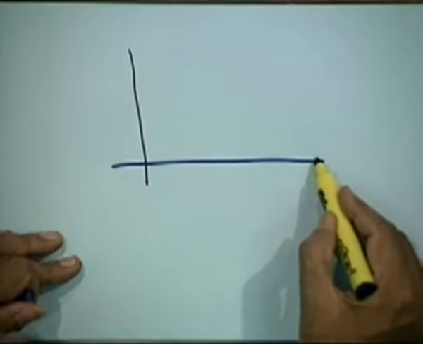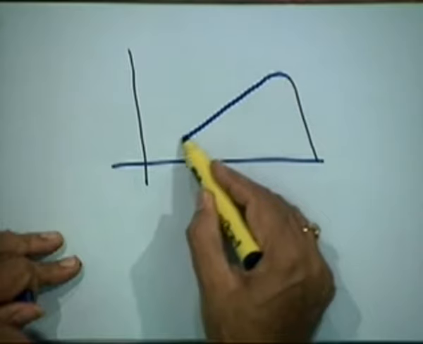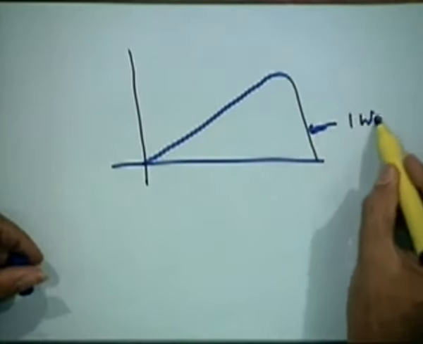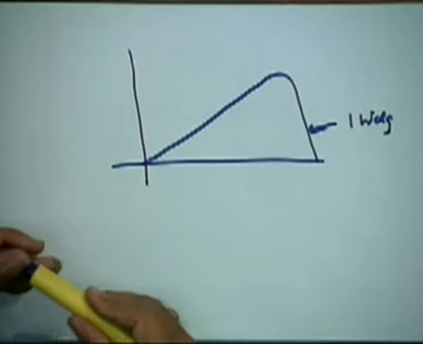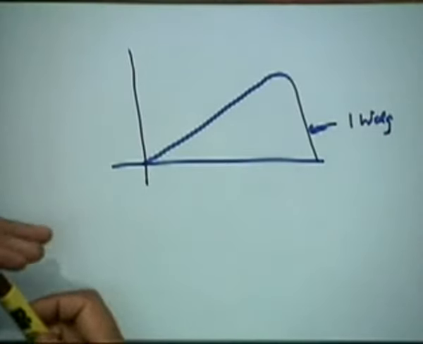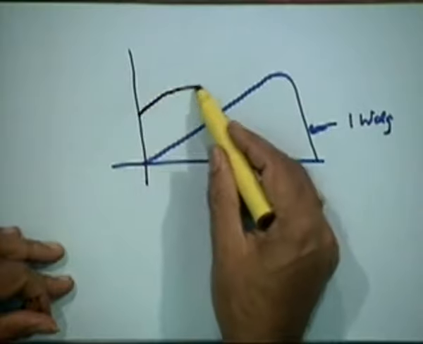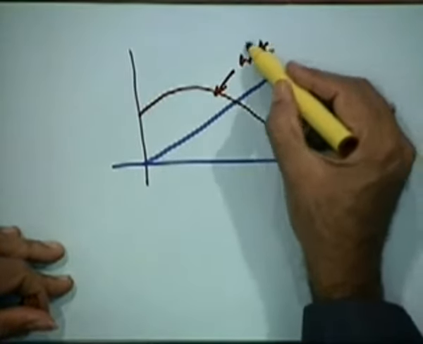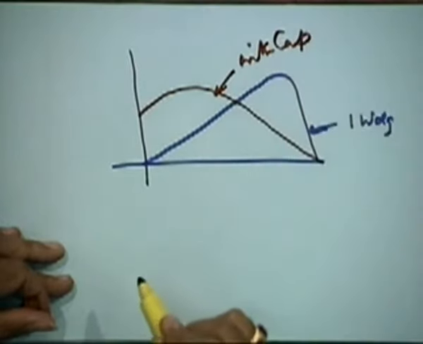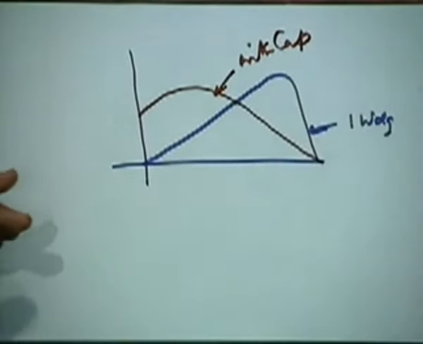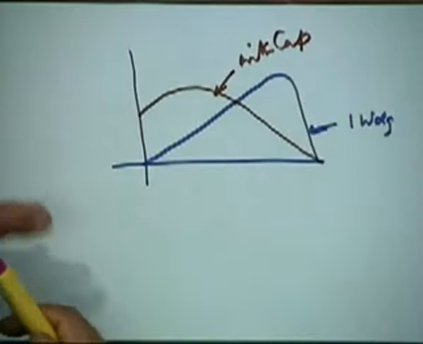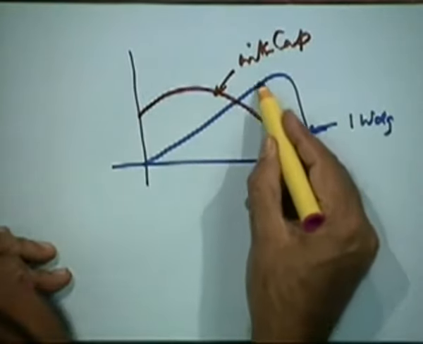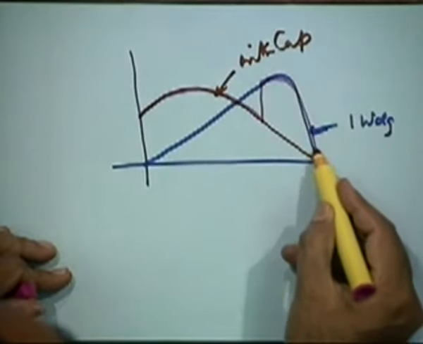Supposing, if it is a single winding, it operates like this. This is with one winding, and if both windings, let us say it operates like this. This is with the capacitor. Then what will happen? All you are doing is traversing from this characteristic and then suddenly shifting to this characteristic.